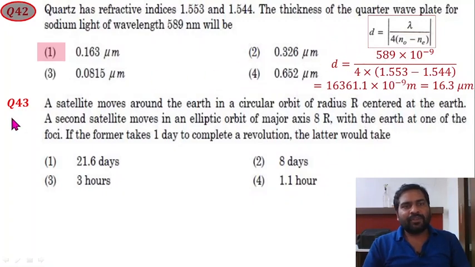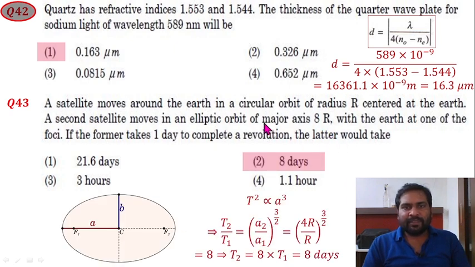Next question, question 43. A satellite moves around the earth in a circular orbit of radius r centered at the earth. A second satellite moves in an elliptic orbit of major axis 8r with the earth at one of the foci. If the former takes 1 day to complete a revolution, the latter would take? For the second one, the major axis is given, from here to here.